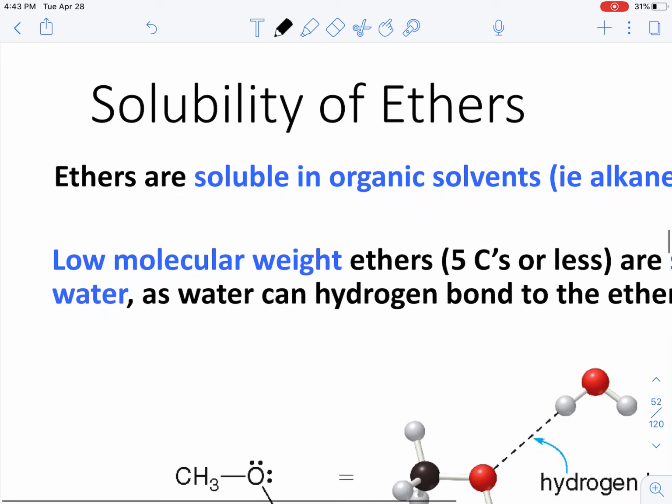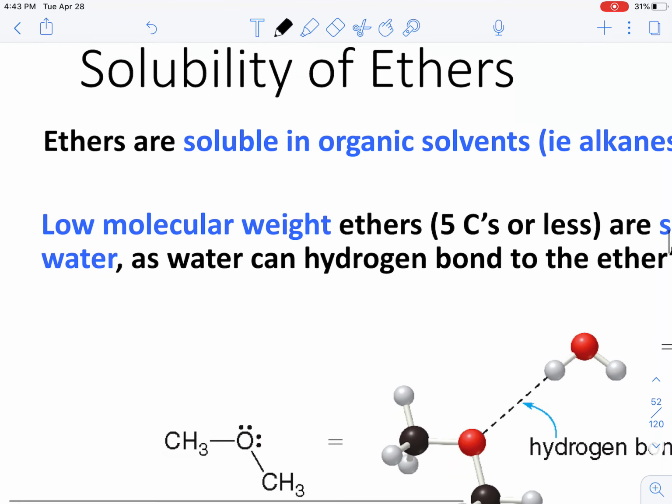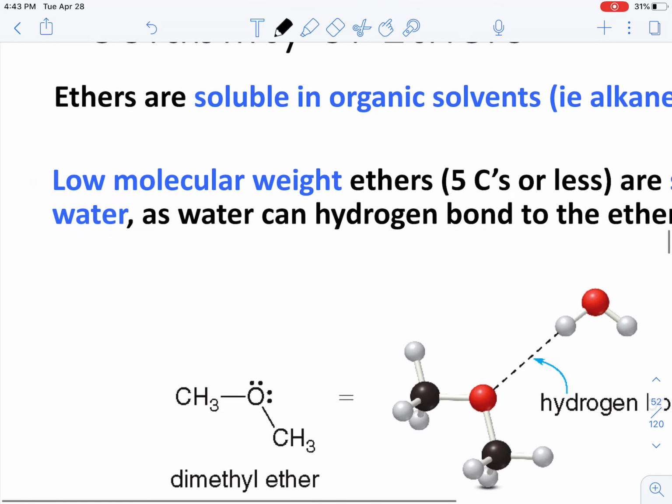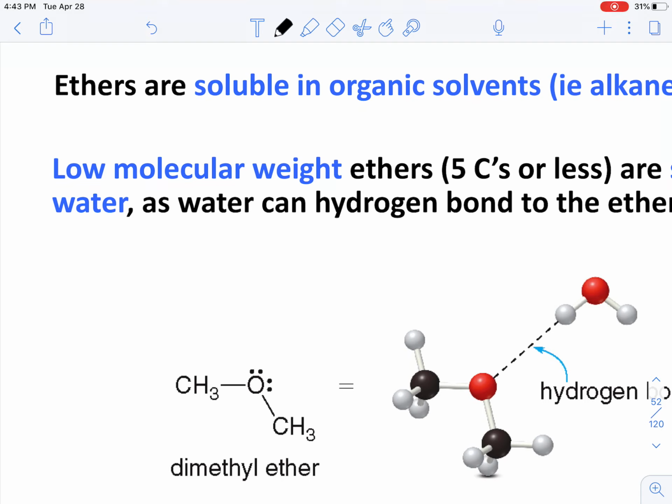Now let's go ahead and talk about solubility of ethers. Whenever you're talking about solubility, now you have a heterogeneous mixture, where it's not an ether interacting with an ether. It's now going to be an ether interacting with another substance, for example, water.